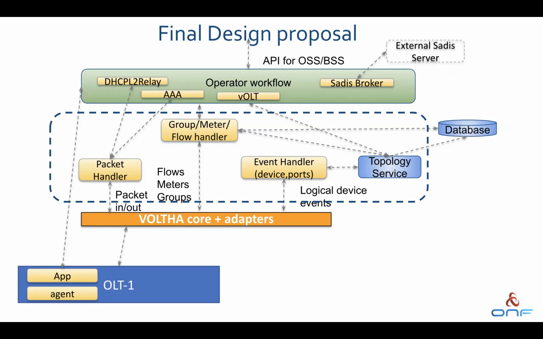as I mentioned, the packet, group, meter, event, and topology service are one object, one container. They're all in there. They're common, they're standard, it doesn't change. There's no specific of the workflow of the operator. That's it. It's going to be one container. And that will expose some gRPC services. Then those gRPC services can be used on an operator basis to have the operator workflow.